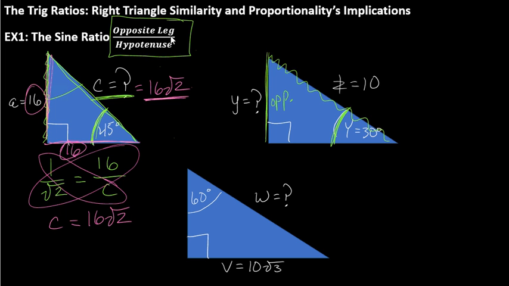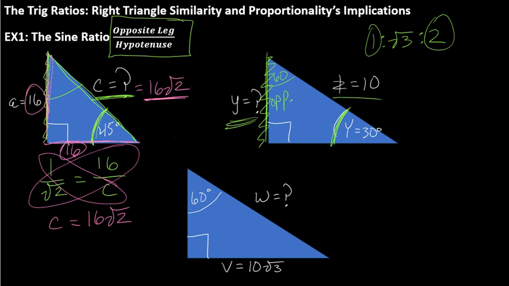Okay, so if this angle here is 30, right, then this guy must be 60, and that means that this is a 1 square root of 3 to 2 right triangle. And again, we're looking at short leg or opposite leg, this guy, to hypotenuse.